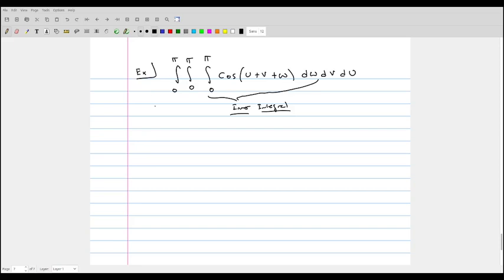The value of the entire integral will be the integral from 0 to pi, 0 to pi, and then the antiderivative of cosine of u plus v plus w with respect to w is going to be sine of u plus v plus w. This is evaluated from w equals pi to w equals 0.